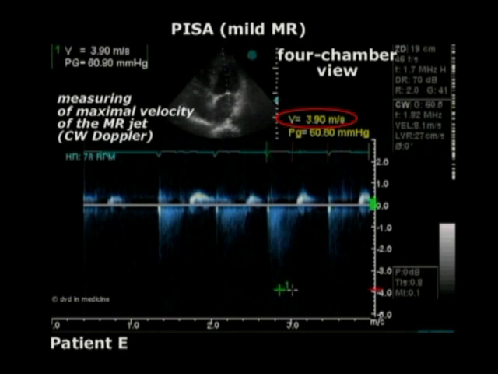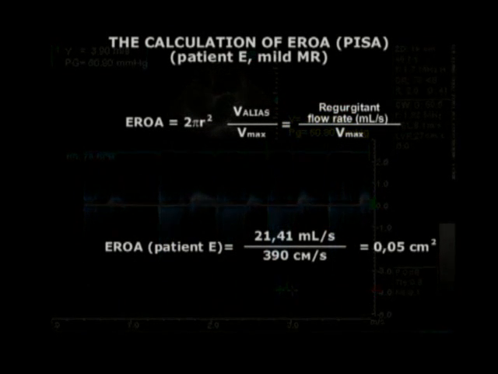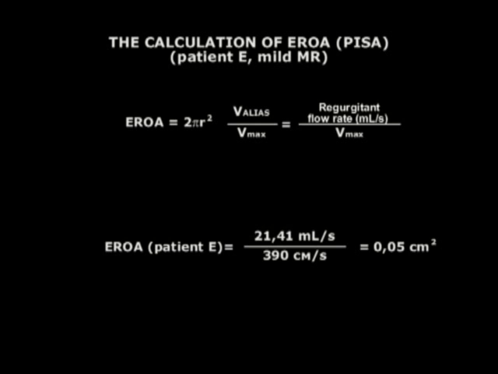Maximal velocity is 3.9 meters per second. Effective regurgitant orifice area, 0.05 centimeters squared.